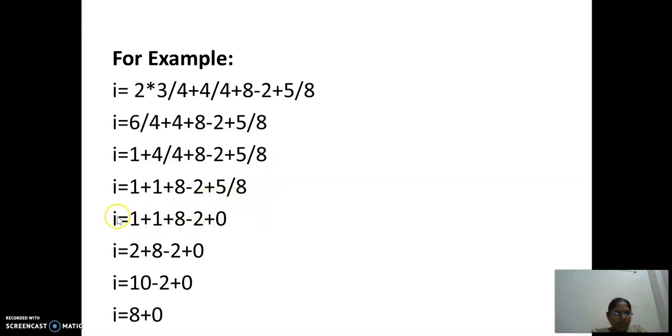Now the addition: 1 + 1 is 2, + 8 - 2 + 0. So here it is 10 - 2 + 0. Now 8 + 0, the answer is 8. This is about the precedence of expressions. Thank you.